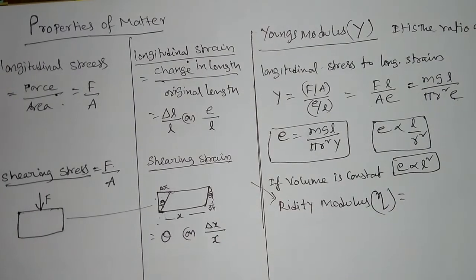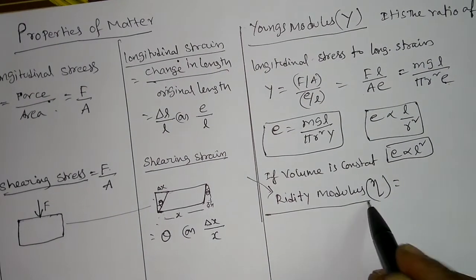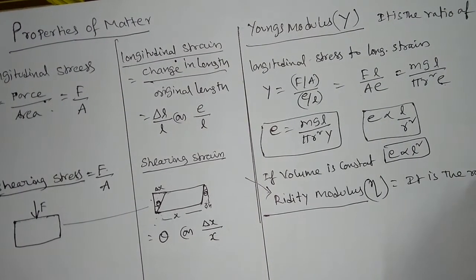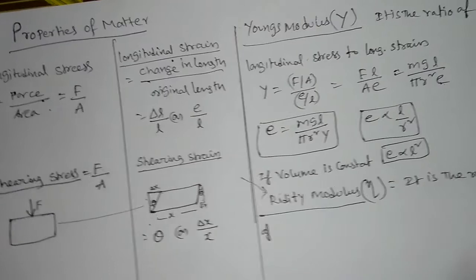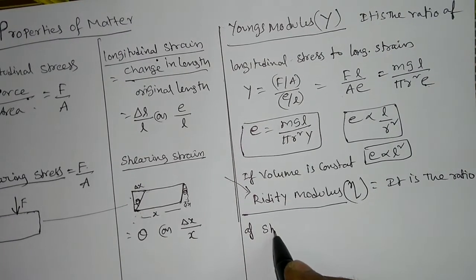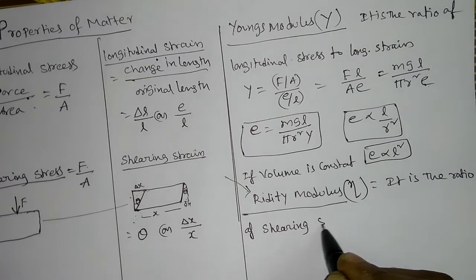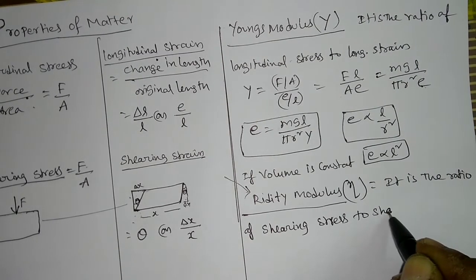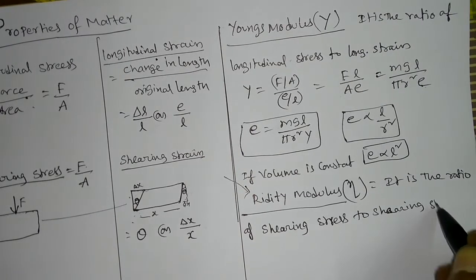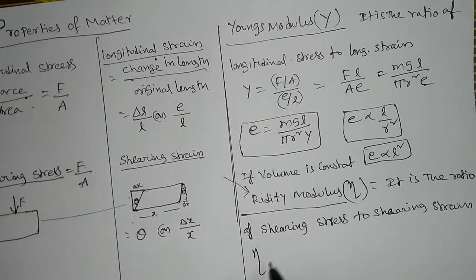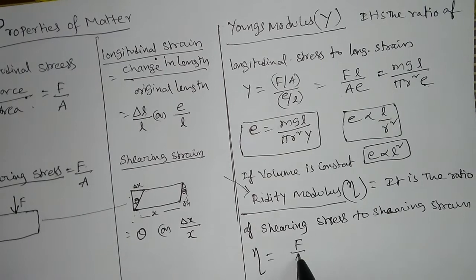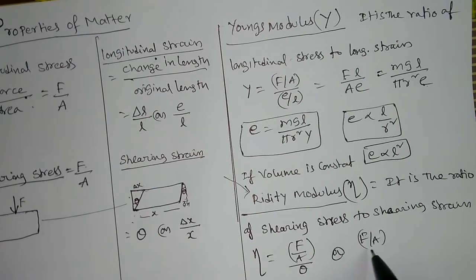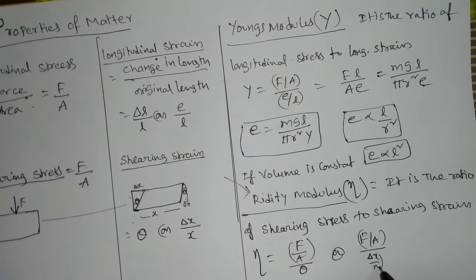So how can we define this rigidity modulus? It is the ratio of shearing stress to the shearing strain. Or mathematically, simply F by A by theta, or F by A by delta x by x.